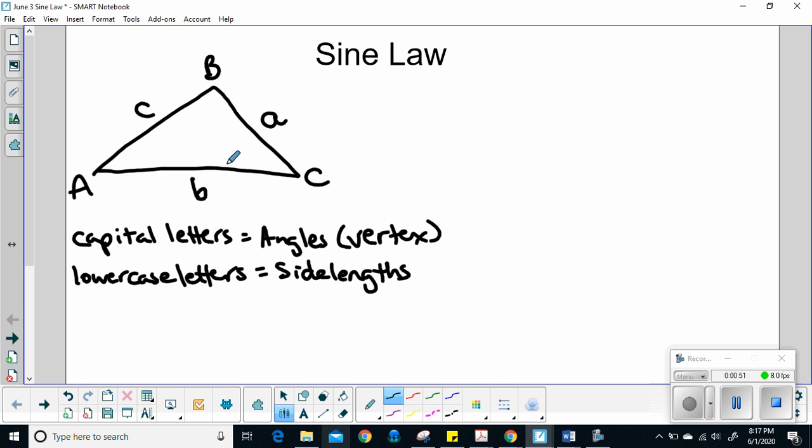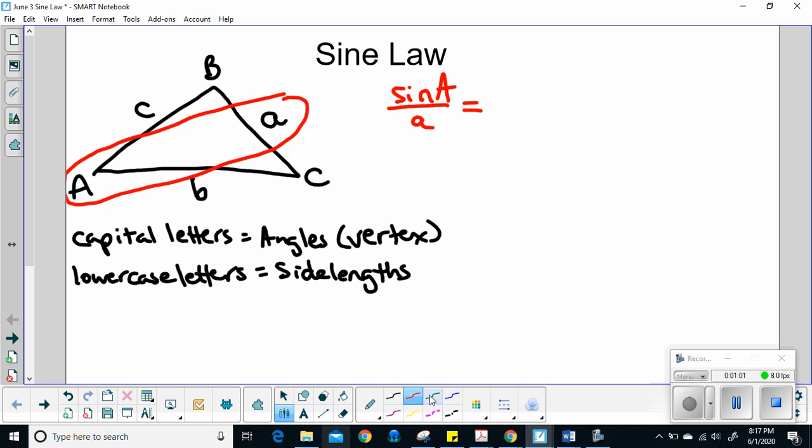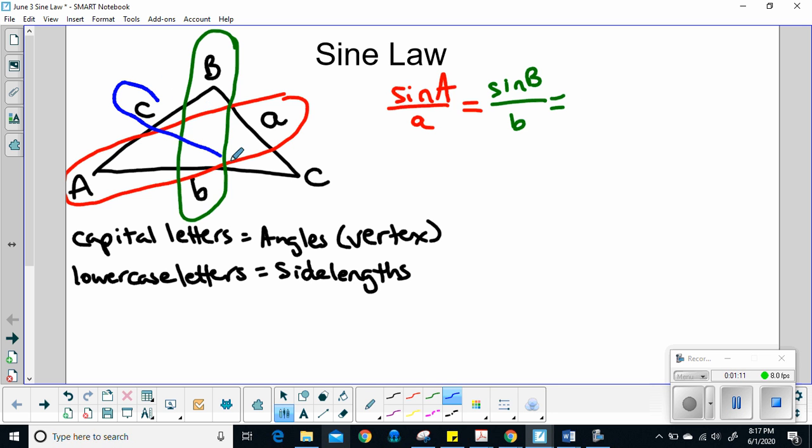And we organize it this way because the sine law says that this ratio of sine angle over side equals this ratio of sine angle over side equals this ratio of sine angle over side.